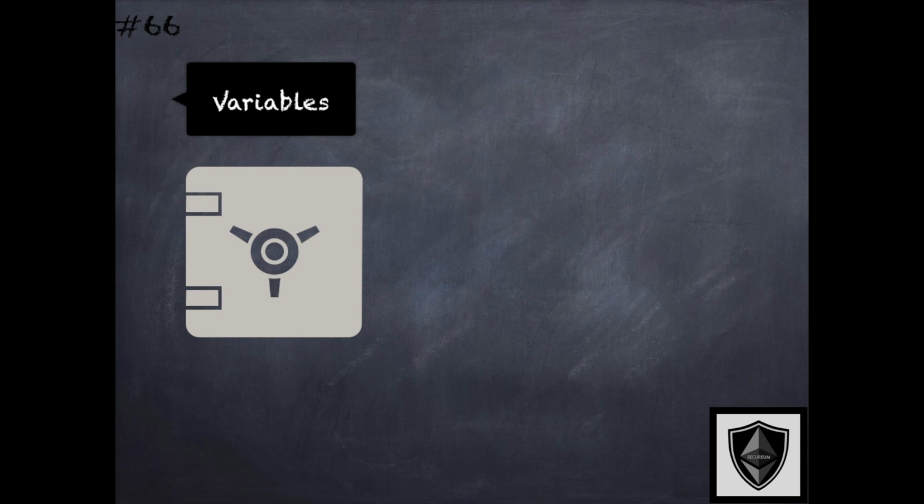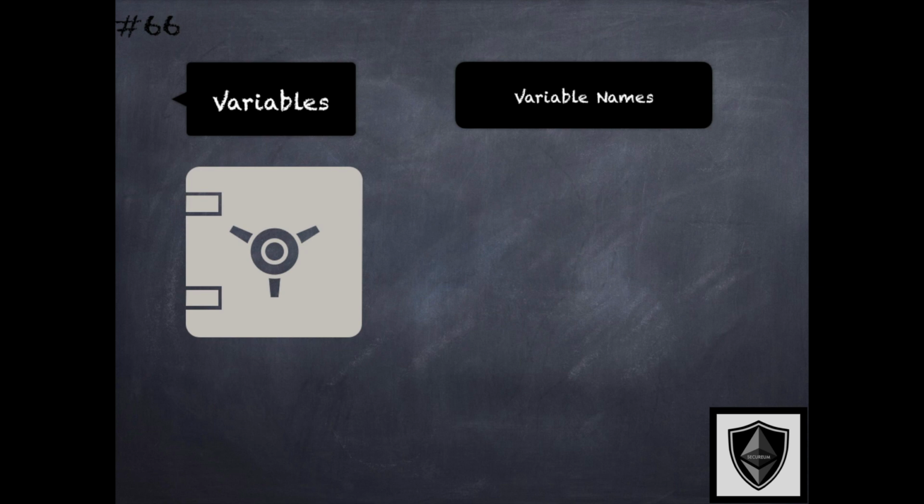There's a security best practice related to variable names. This ties to the programming style guidelines that we discussed in the Solidity module. And in this context, the names of variables should be as distinct and unique from each other as possible.